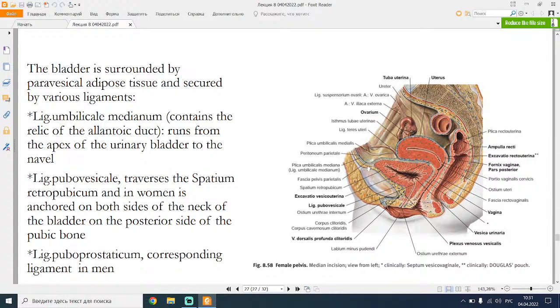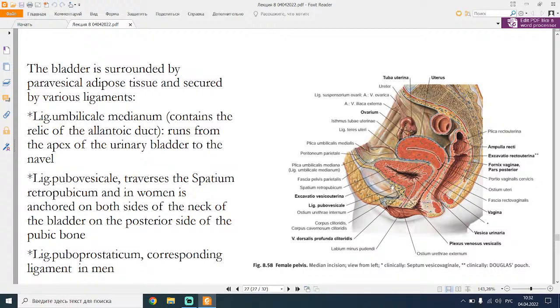Ligamentum pubovesicale traverses the spatium retropubicum, and in women is attached to both sides of the neck of the bladder.